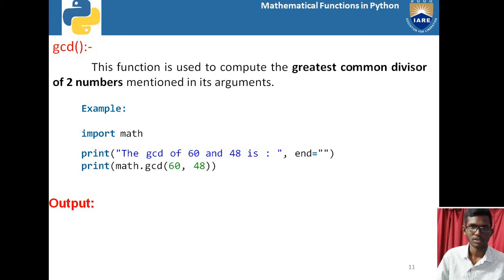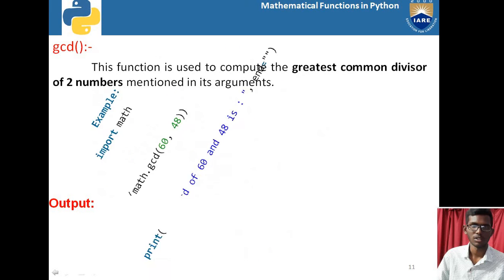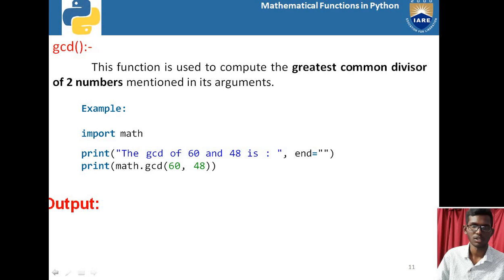Print the GCD of 60 and 48, using math.gcd of 60 and 48. We get the output as the greatest common divisor of both numbers. The GCD of 60 and 48 is 12, because 12 fives are 60 and 12 fours are 48. It is common between the two numbers and it is the greatest.